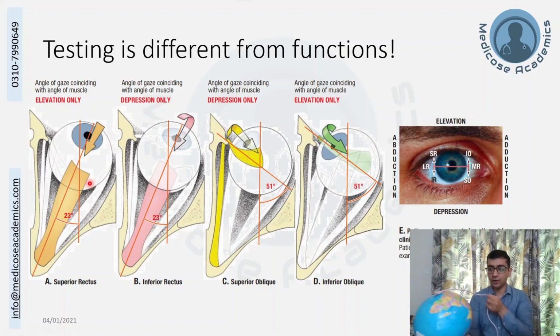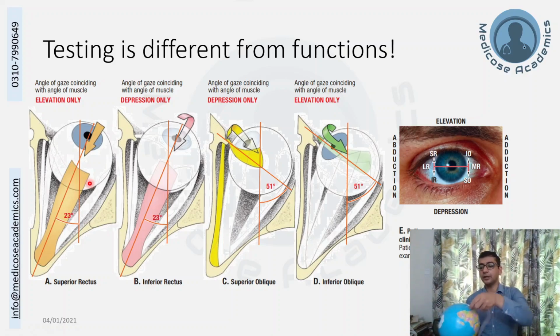I'm pulling on this, and you can see there is minimum movement, because I am just parallel to the axis. There is no leverage. So when we are looking medially and upward, superior rectus is almost not playing any role.